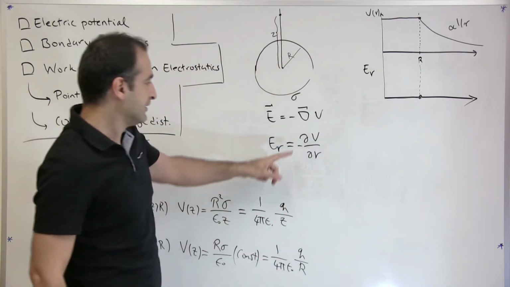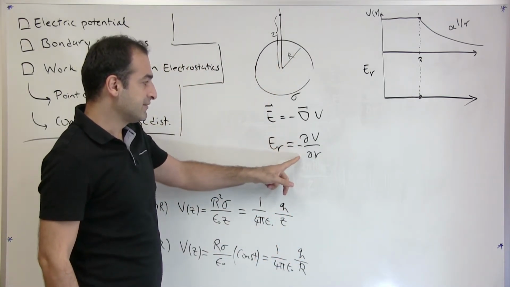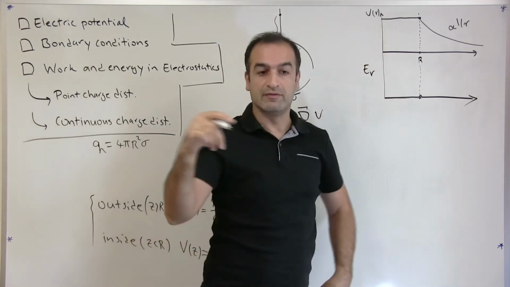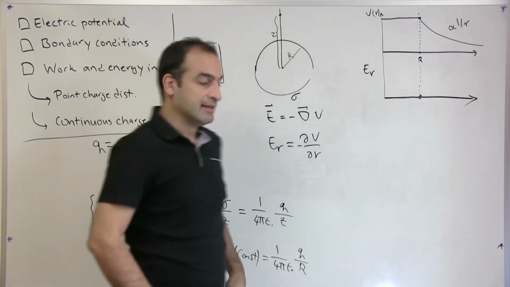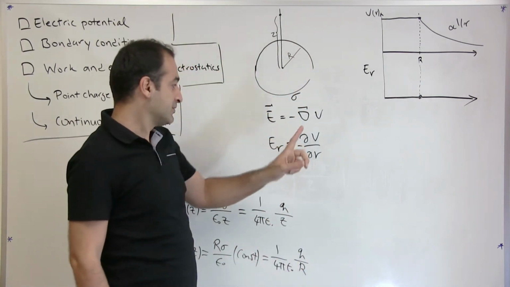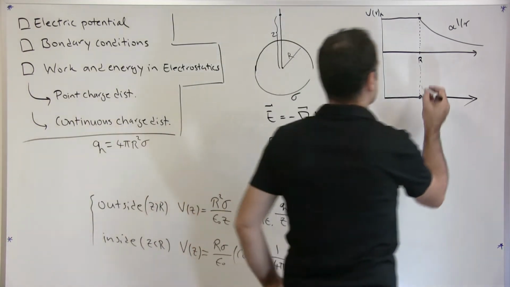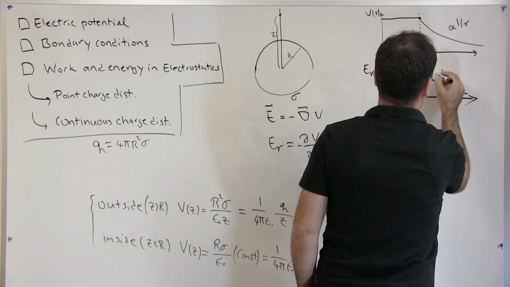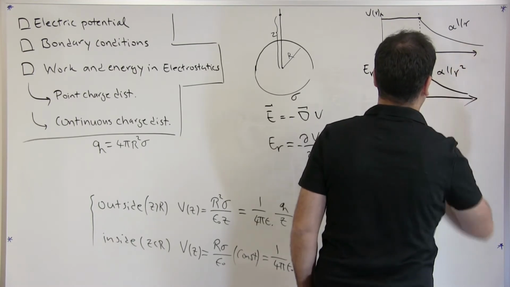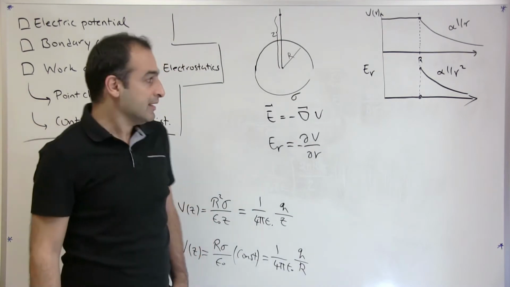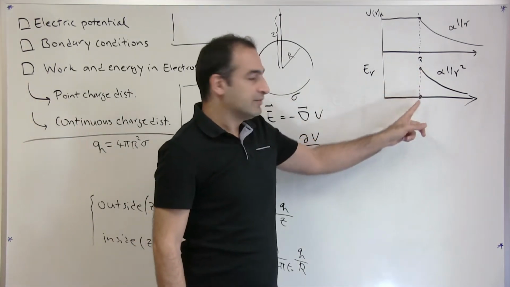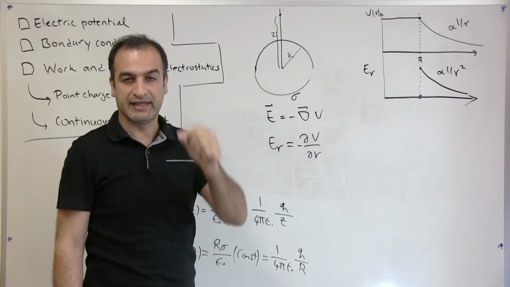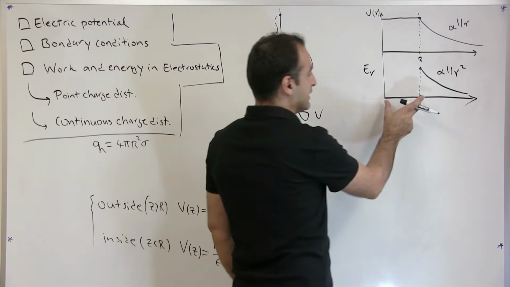And outside of the sphere, we get derivative of this, which is derivative of 1 over r is negative 1 over r squared. With this negative sign, it becomes positive. So here we get electric field that is dropping like this as a function of 1 over r squared. Okay. So here, right at the boundary, what we have is discontinuity of the electric field. If you are inside this sphere, there is no electric field.